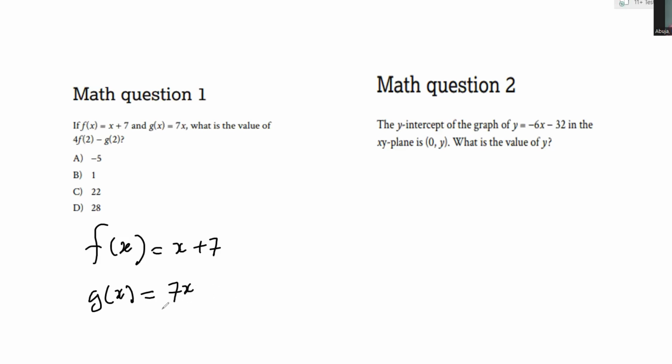Now, with a condition that we have f of 2 multiplied by 4 and we subtract g of 2, what are we going to get? So I'm going to do f of 2 first of all.